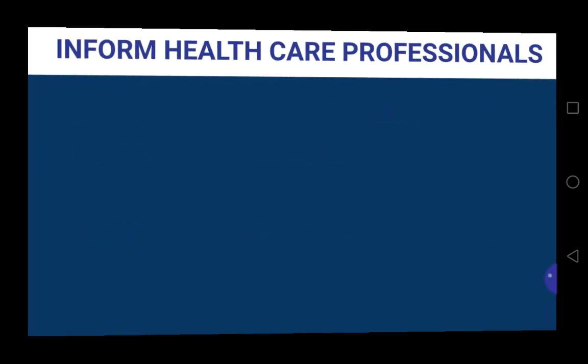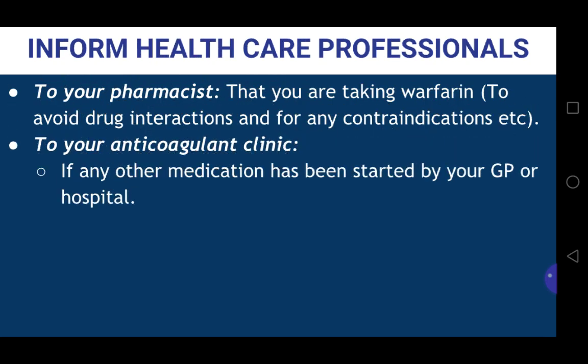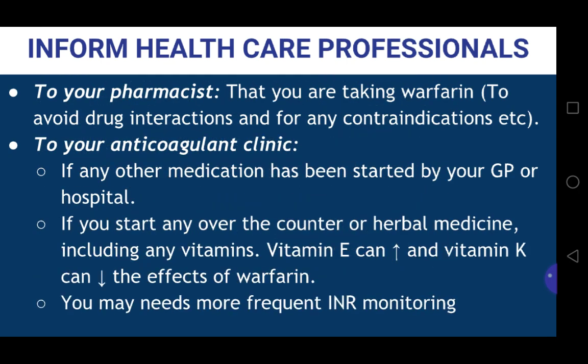Advise the patient that they have to inform their pharmacist that they are taking warfarin. This is to avoid any drug interaction or to check for any contraindication. And advise the patient to inform their anticoagulant clinic if any other medication has been started by their GP or hospital, or if they start any over-the-counter or herbal medicine, including any vitamins.